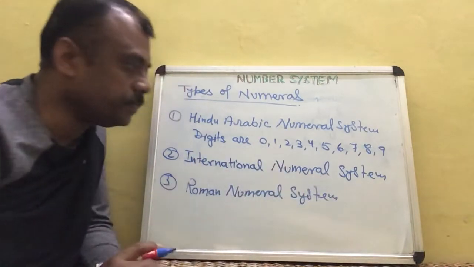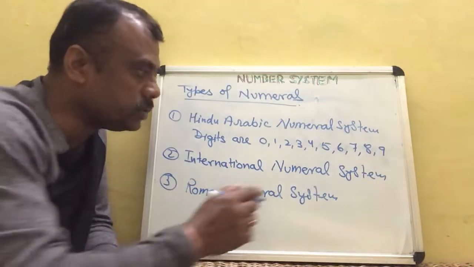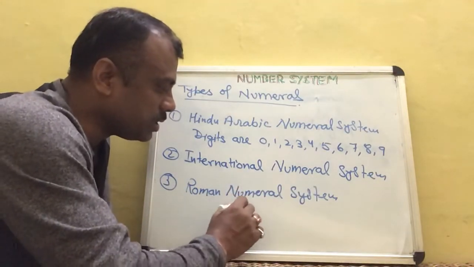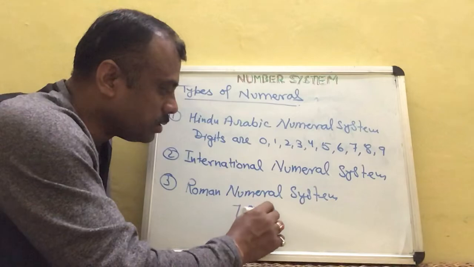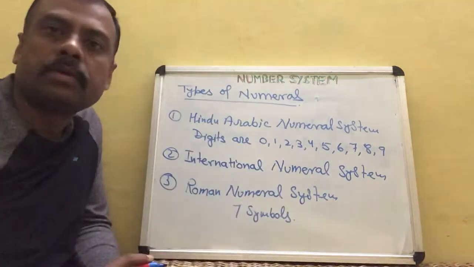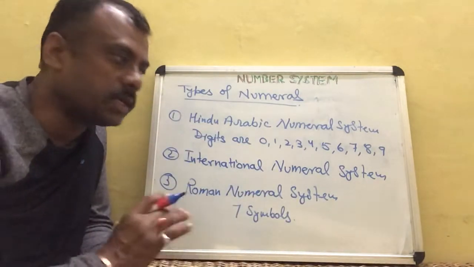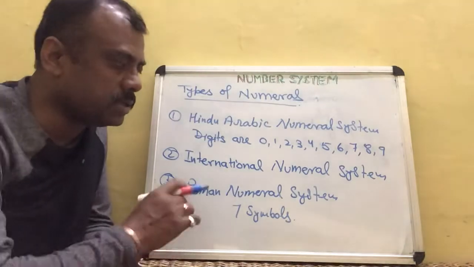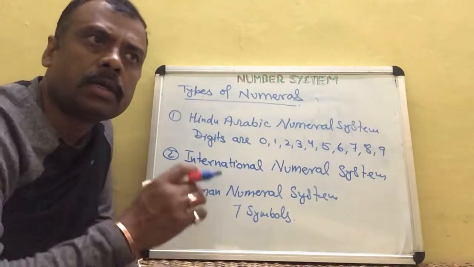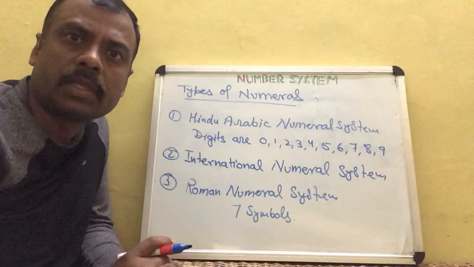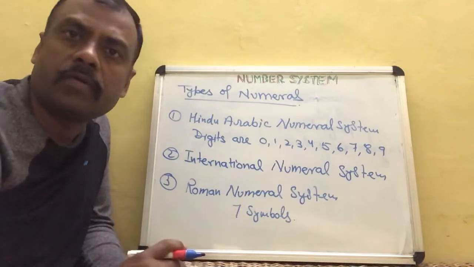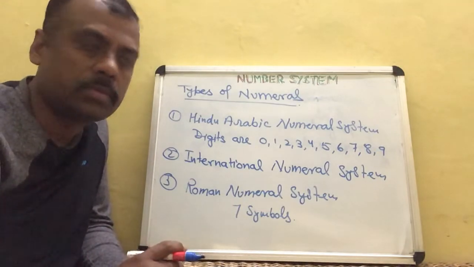In this system we use 7 symbols only. With 7 symbols we can write any number, and this system is popular for writing numbers on a clock and for class names.